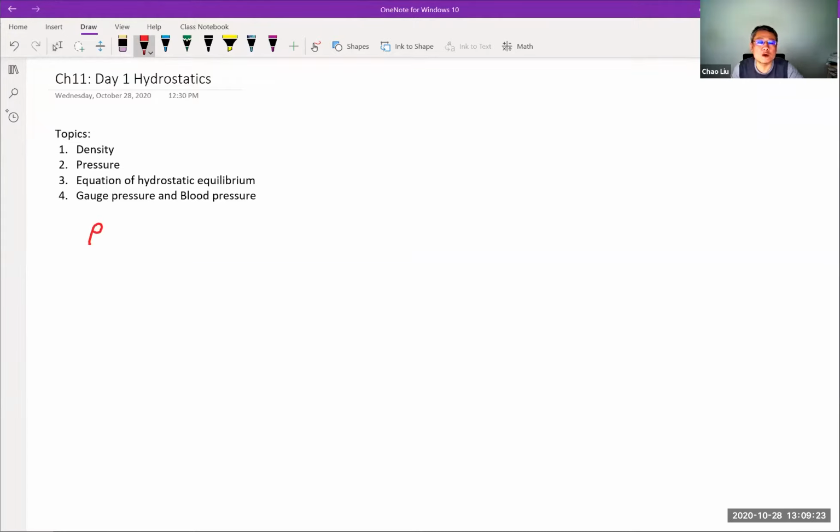This is a rho, right? So this represents the density. And the simple equation to write the density is simply m divided by v. So what does the m represent? Mass, right? And v represents the volume. So that's how we define the density.